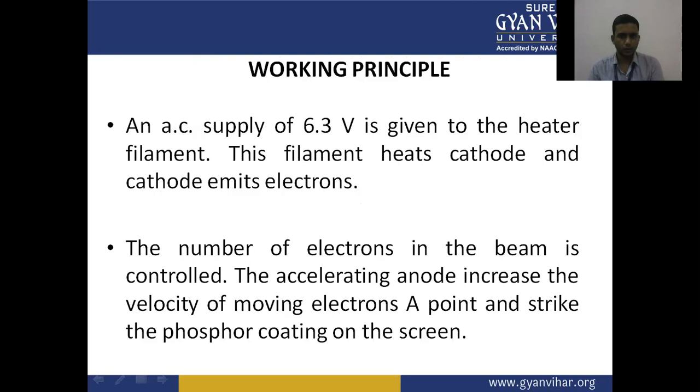The number of electrons in the beam is controlled by the controlling devices. The accelerating anode increases the velocity of the moving electrons, which point and strike the phosphor coating on the screen.